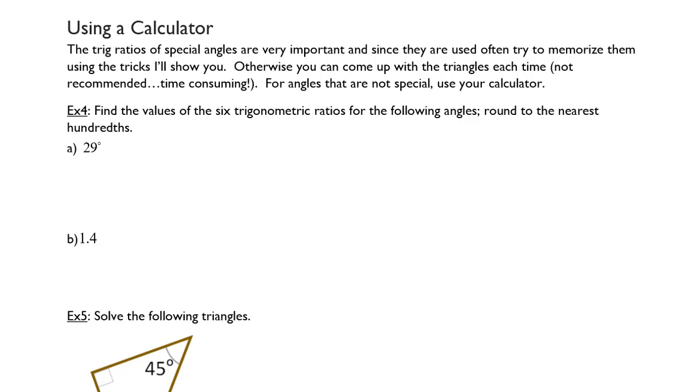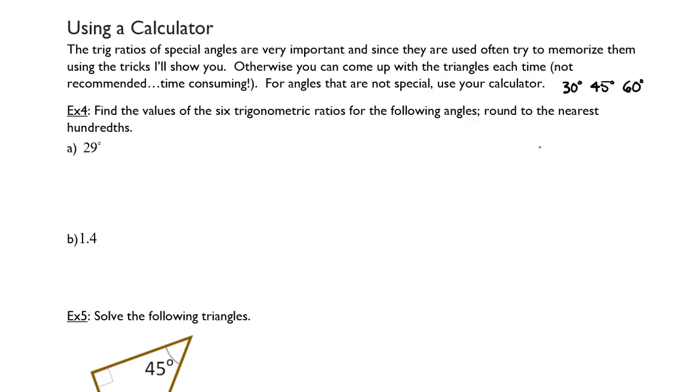For angles that are not special, meaning they're not the 30, 45, and 60-degree angles in the first quadrant, or the flips or transformations of them into the other 3 quadrants, then we'll use your calculator.